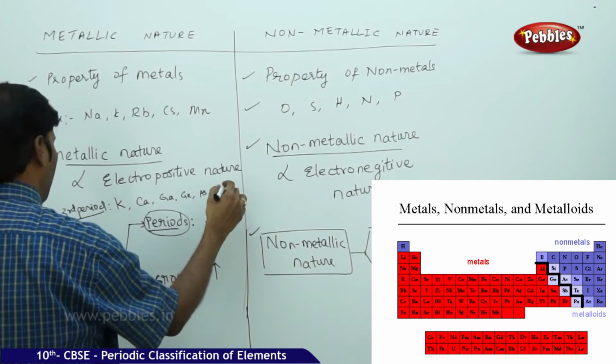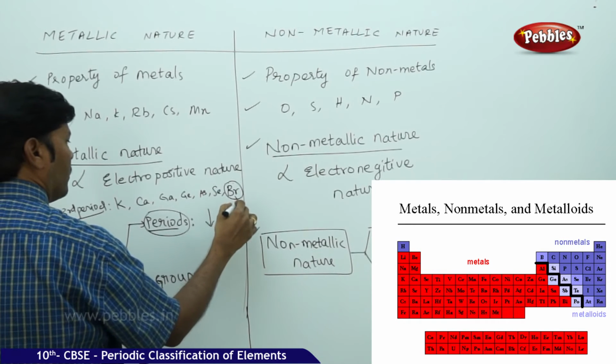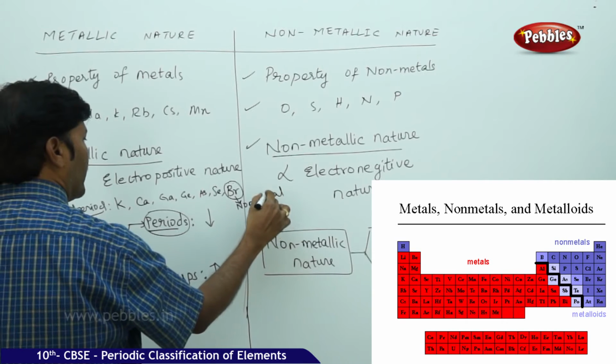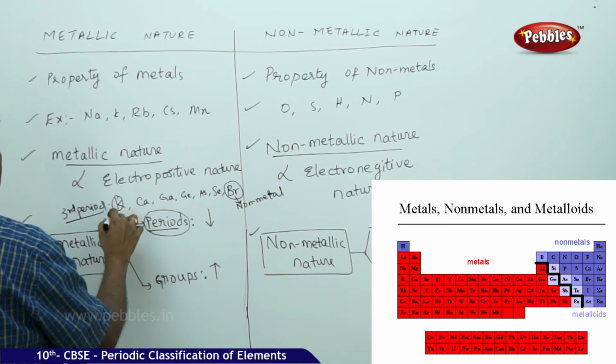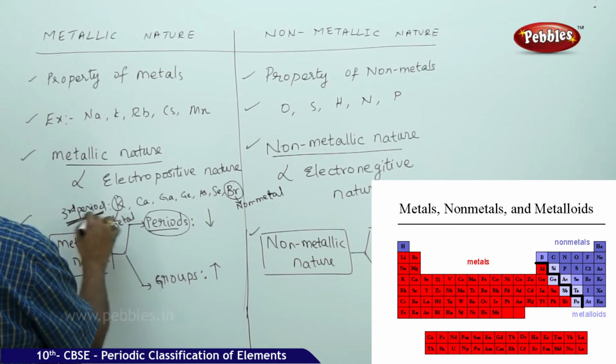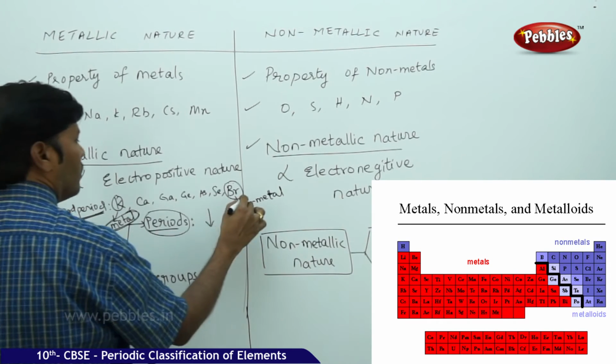So bromine is a non-metal, whereas potassium is a metal. So you can very clearly understand that in any period the metallic character gradually changes to non-metallic character.